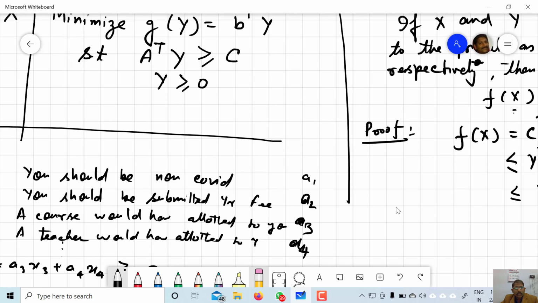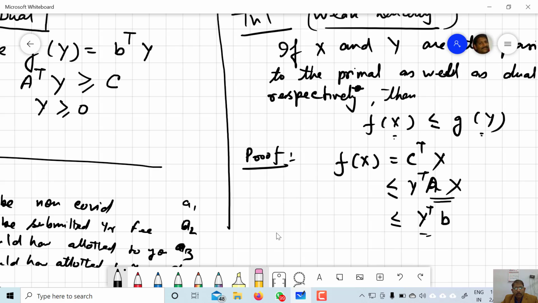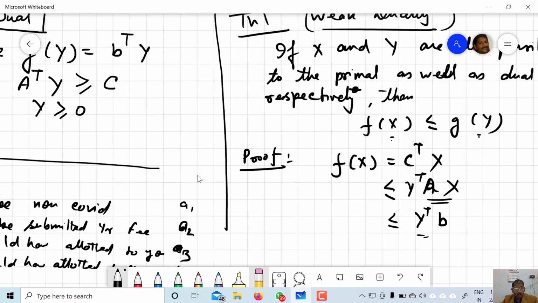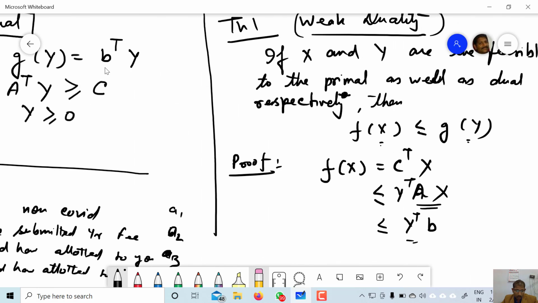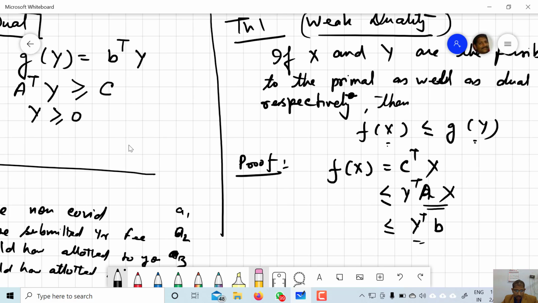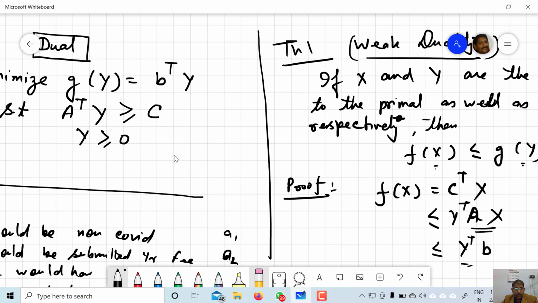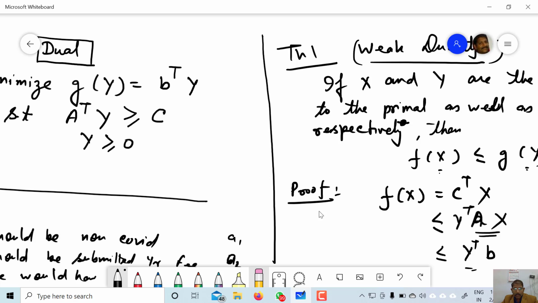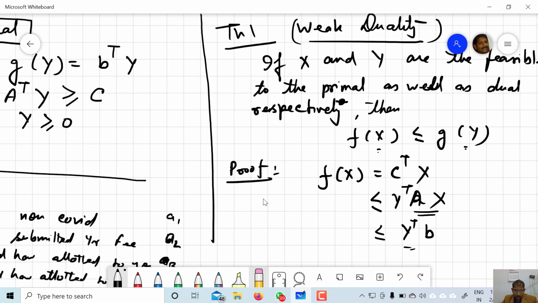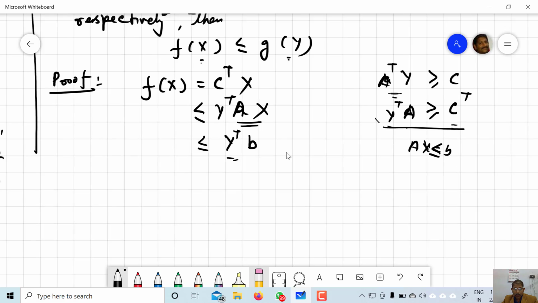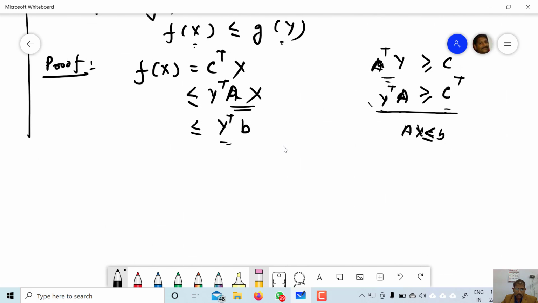See here, in the form of the dual, y transpose b is just the change of this one, and it is equal to g(y).